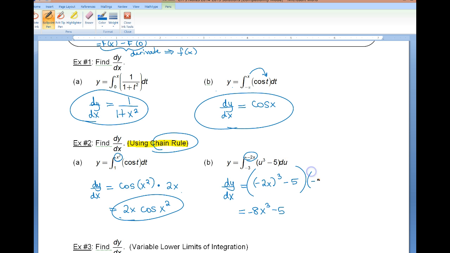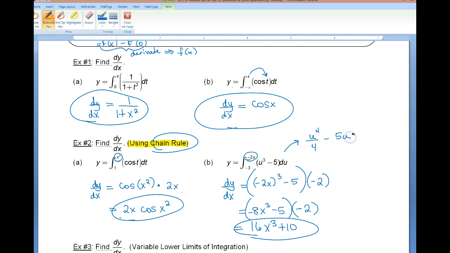Question. Why doesn't the 5 go away? So it should be 16x to the third plus 10. Is that better? Why didn't that 5 go away? Remember, if we were actually to solve this, it would be u to the fourth over 4 minus 5u.